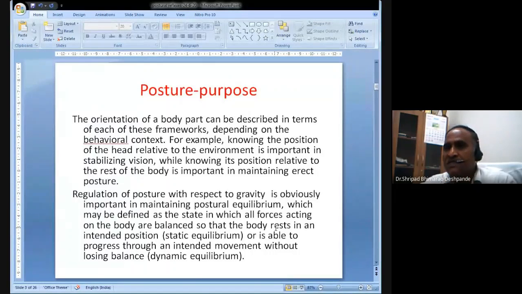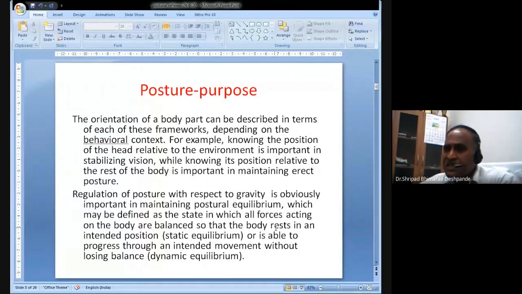Knowing the position of the head relative to the environment, that is exocentric, and egocentric, is done with the help of the visual system. And knowing its position relative to the rest of the body is important to maintain the erect posture, so as to maintain a particular attitude or balancing situation.